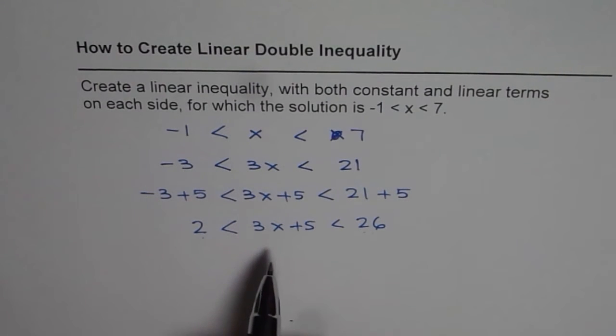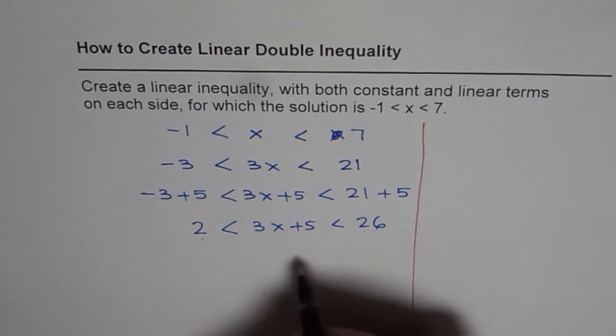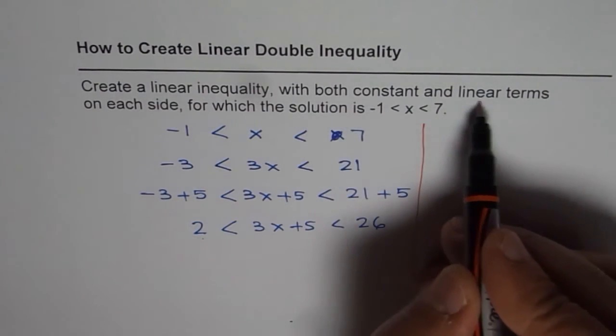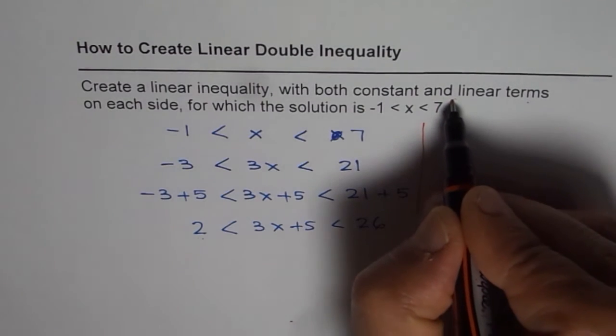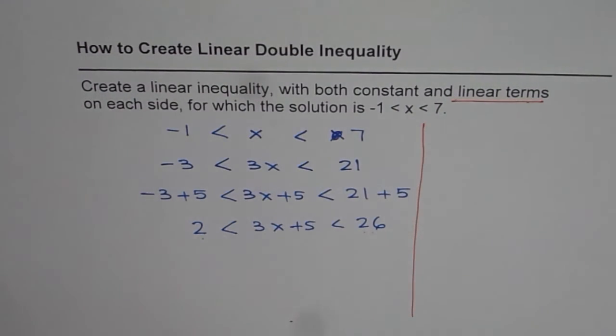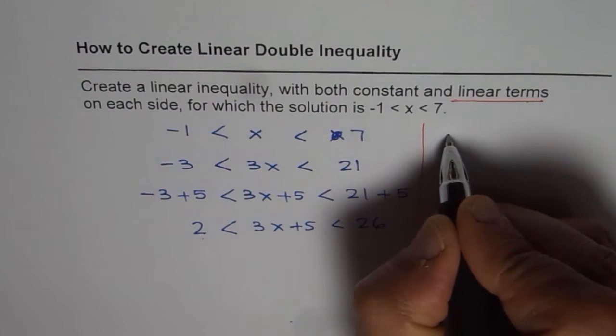So this is kind of a partial solution. If you do this, you do get a right solution, but in this solution what you note is that the linear term is not on each side. Correct? So let us redo it, right? I'm sorry for that. Let's redo it and we'll start all over again.